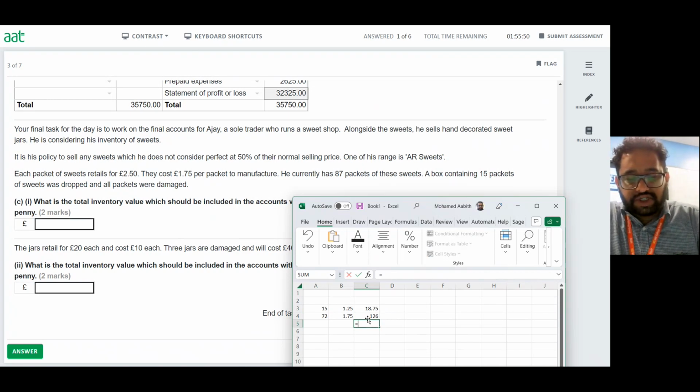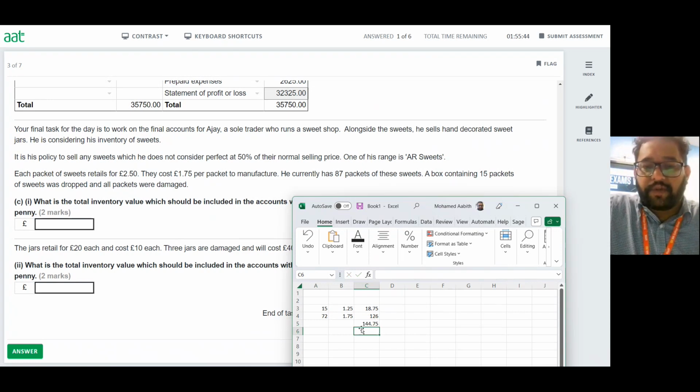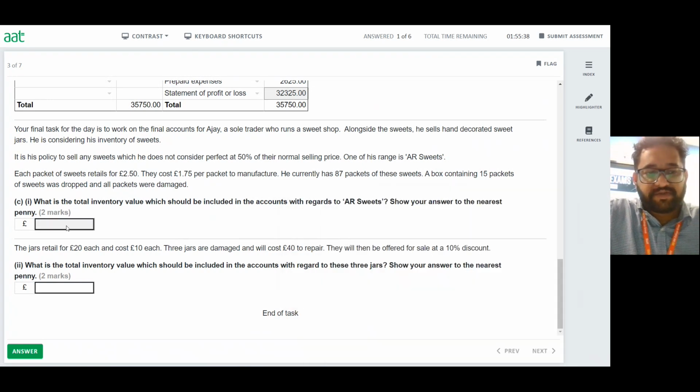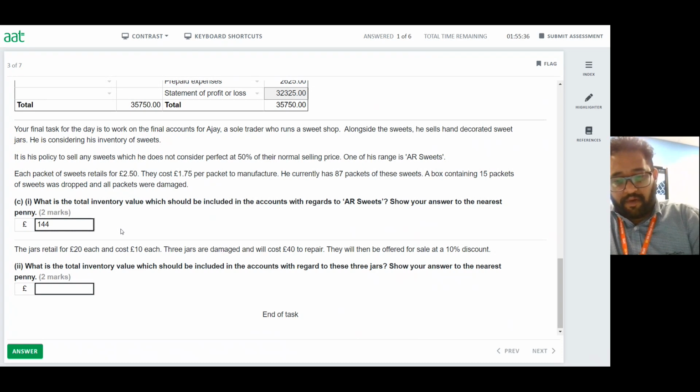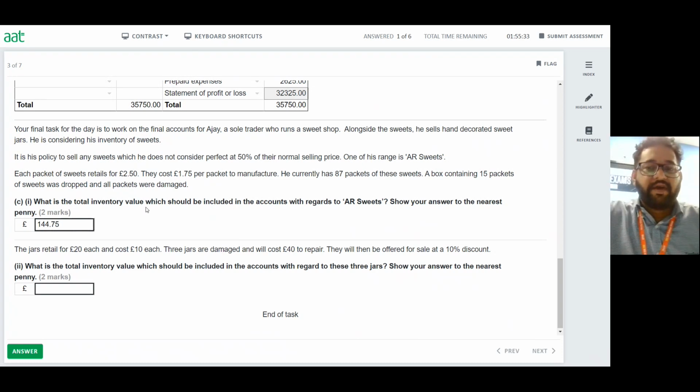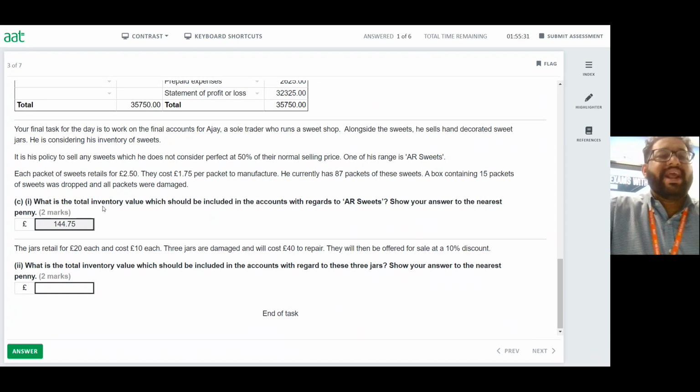So the total cost, or the value of the inventory, is going to be classed in our books as £144.75. So let me just put that here, 144.75. This is the total inventory value of the sweets called the AR sweets.